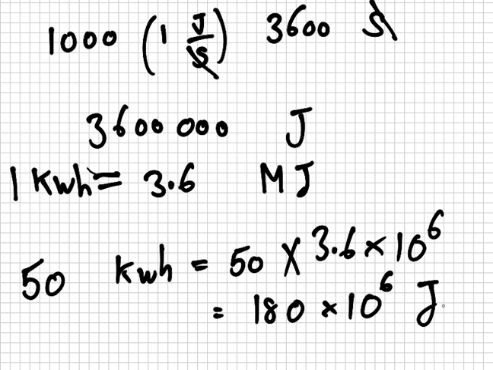So they don't charge you per joule, they charge you per kilowatt hour, which is exactly 3.6 million joules. So that's the first thing. Next, do we always use 10 to the power 6? Or you can write megajoules if you want.